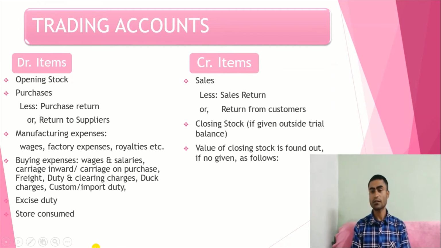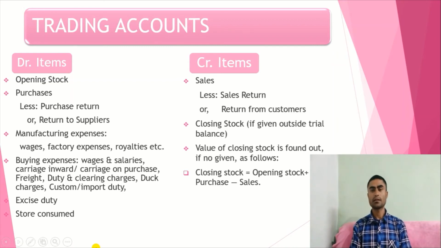The formula is: closing stock equals opening stock plus purchase minus sales. That's how we can find out the closing stock. So these are the items which are included in the debit side and credit side of the trading account. Now let's move to the whole format of the trading account.